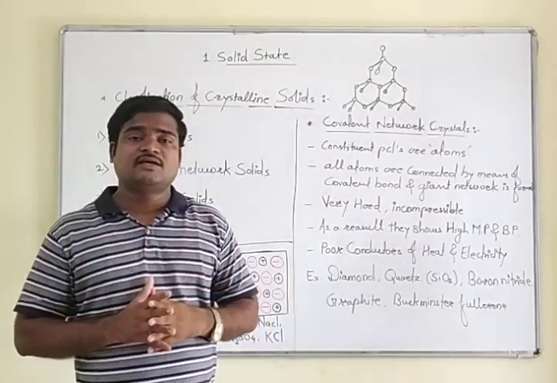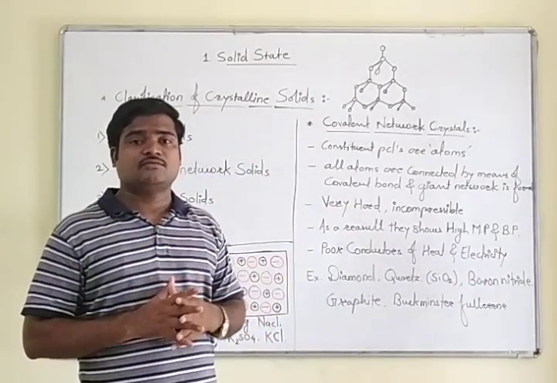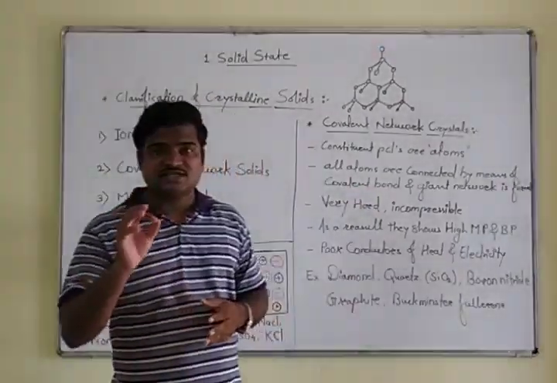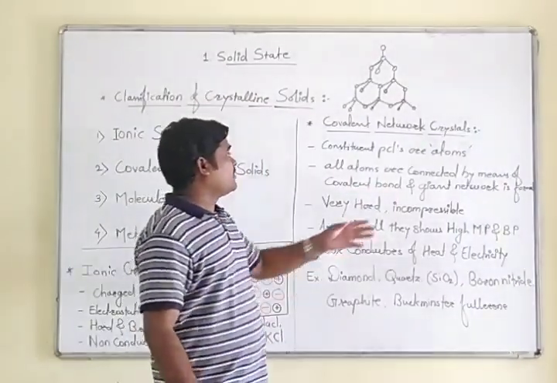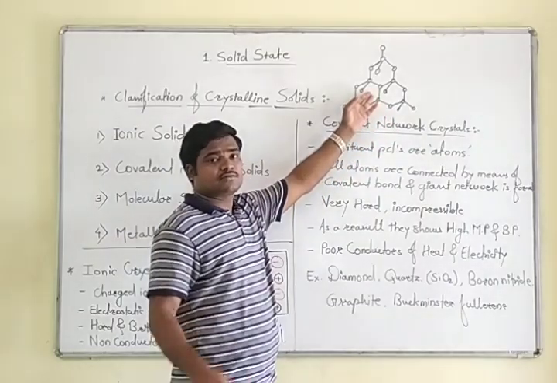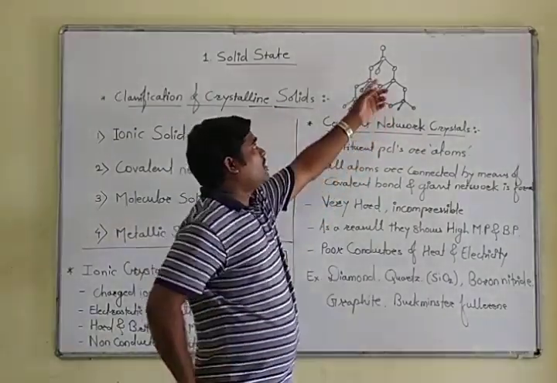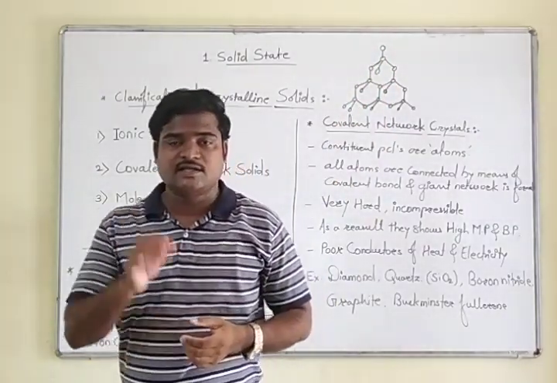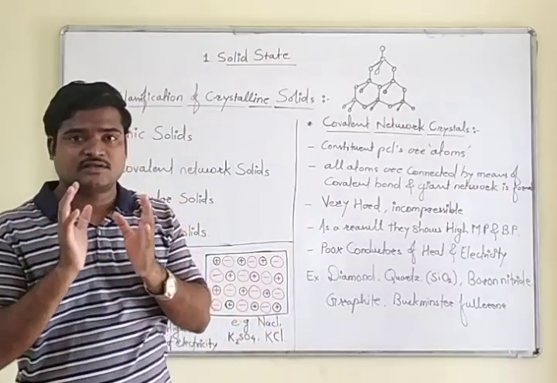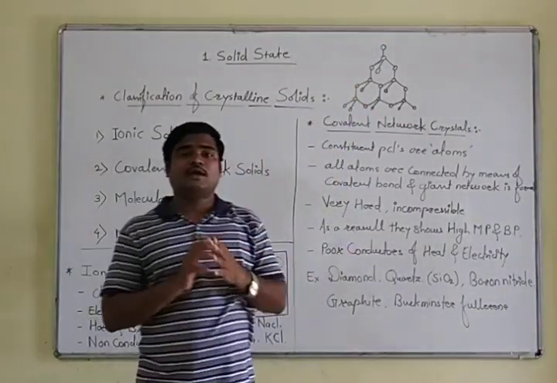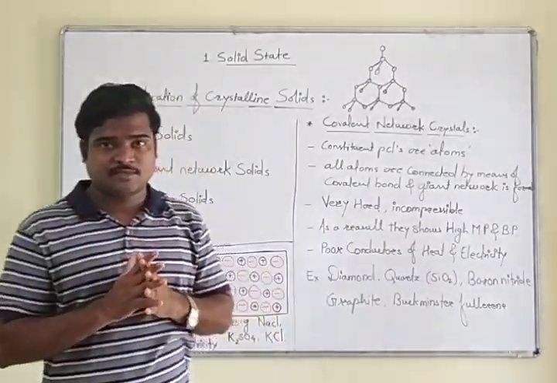Now why did we include this point, the giant network? Look at this figure. All these atoms which I have shown by circles are carbons. I have drawn the network structure of diamond.